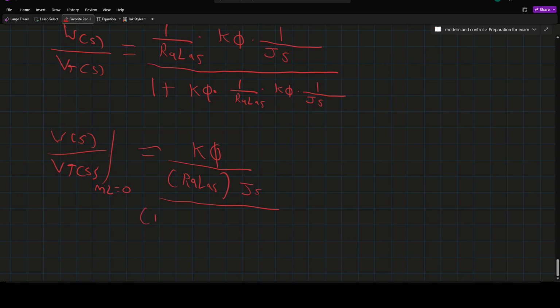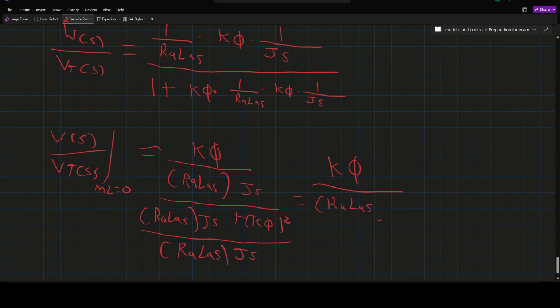So we are gonna have here RALAS times JS plus K5 square over RALAS times JS. So that's the result of this. Here we can see that this one and this one we cancel, so we're gonna get K5 on top over RALAS times JS plus K5 square.